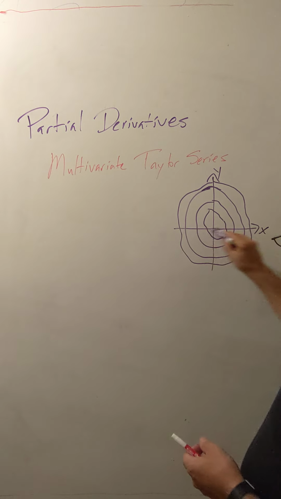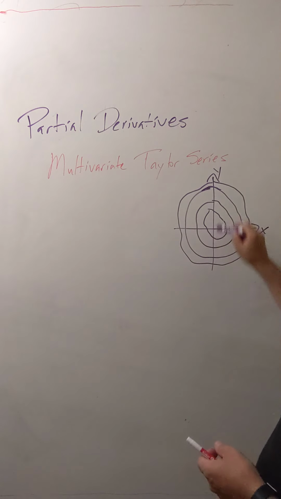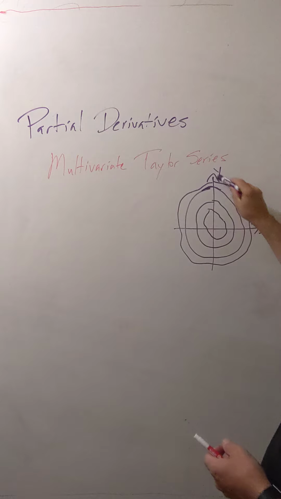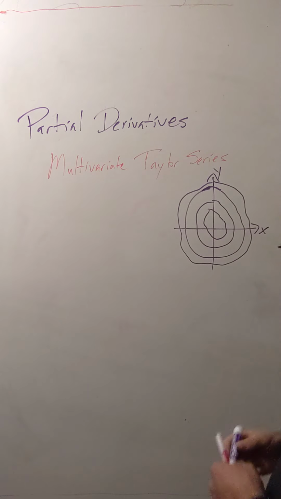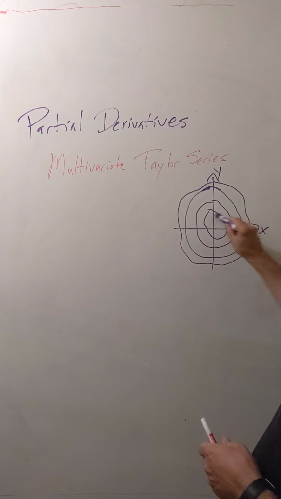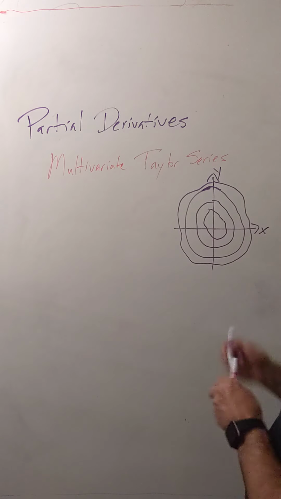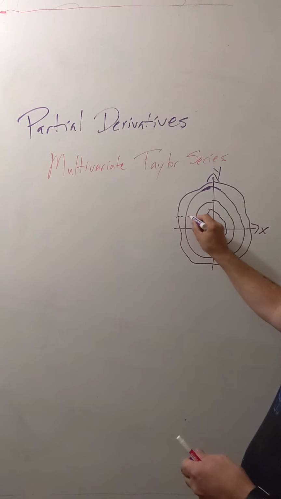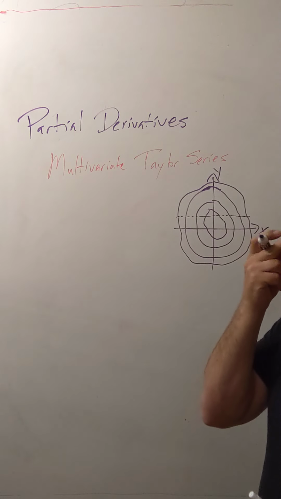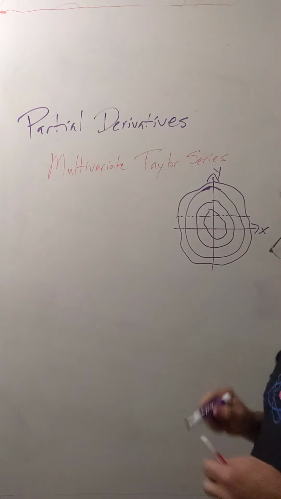Here I've drawn just a little topological map of a function that depends on both x and y. And now you could take a slice and say, let's just set y equal to this value, and then we know that function no longer evaluated at that fixed value of y.